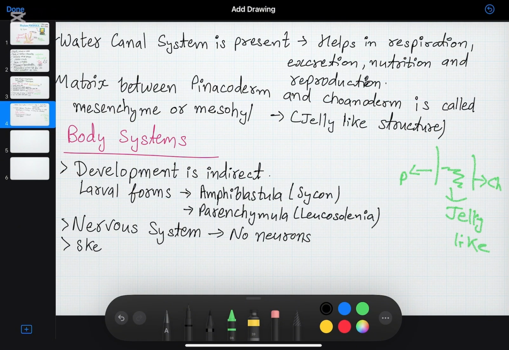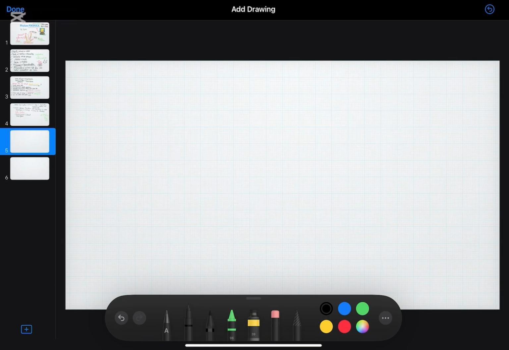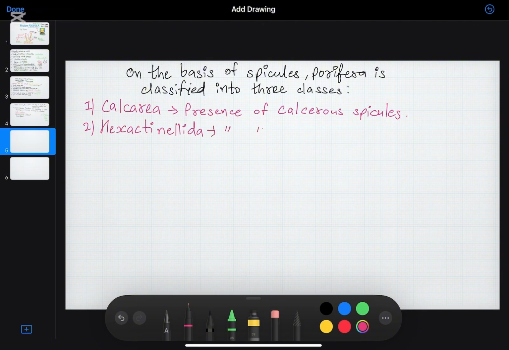Another system is the skeletal system. The skeletal system is also called spicules, and on the basis of spicules they are classified into three classes. The first one is Calcarea, which has the presence of calcareous spicules. The second one is Hexactinellida, which has siliceous spicules.